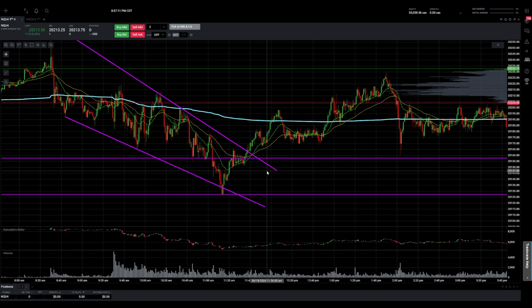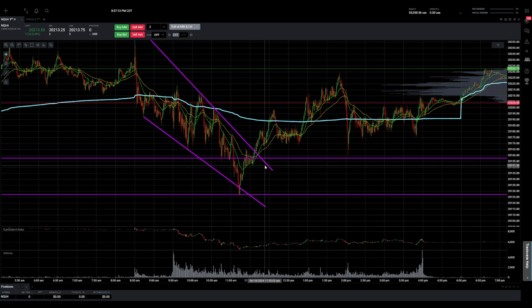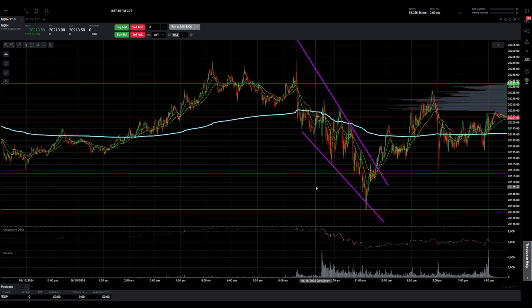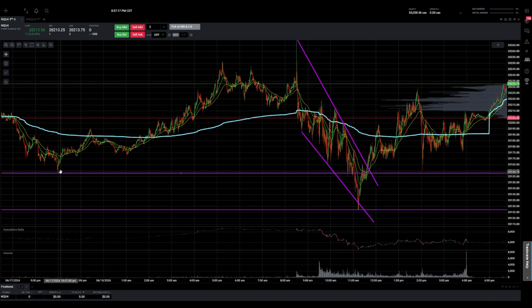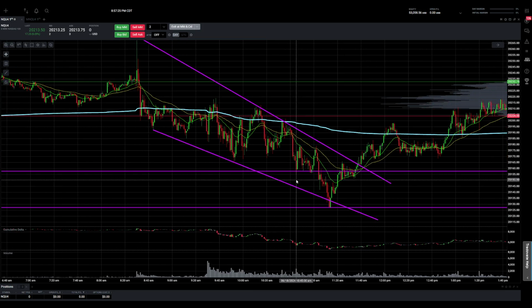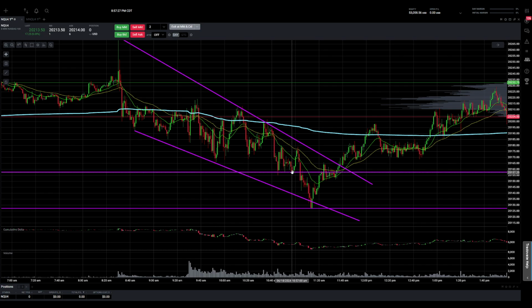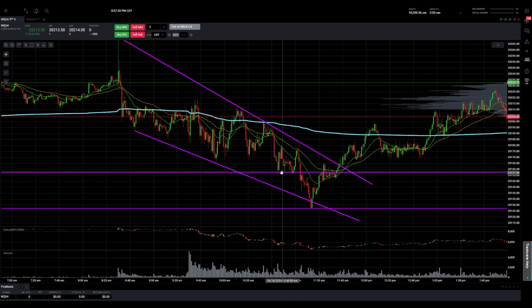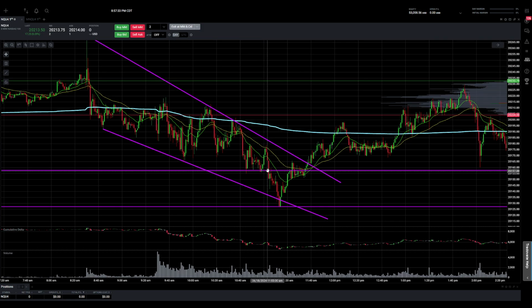However, we do have two areas of opportunity today, and it's from the overnight low. This was the support at 21.58.25, and when the price came down to that level and we bounced off it, it was clearly a reference point that would be used later in the trading day.